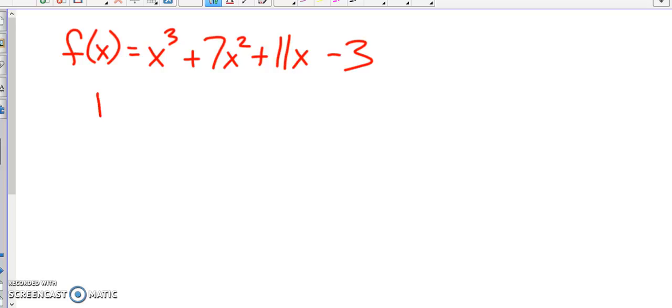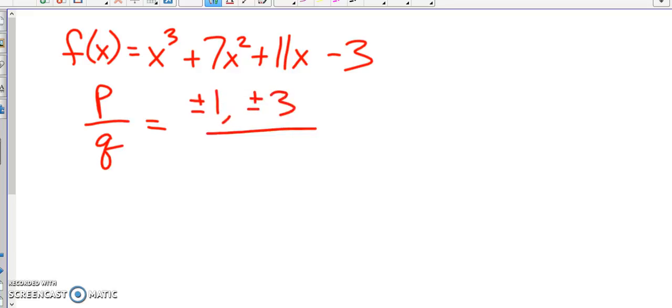P over Q. Somebody else give me what P might be? And Q? Right. There are only 4 possibilities here. And basically, this is just trial and error. So, what would you like to pick? 1.